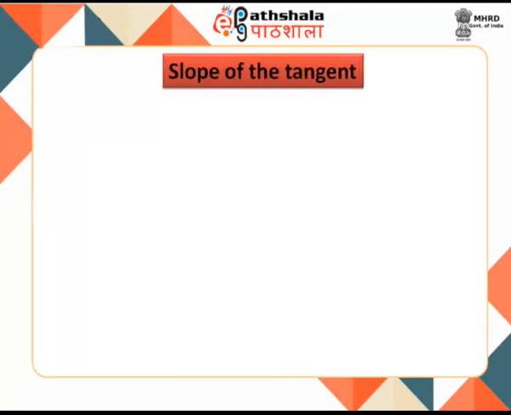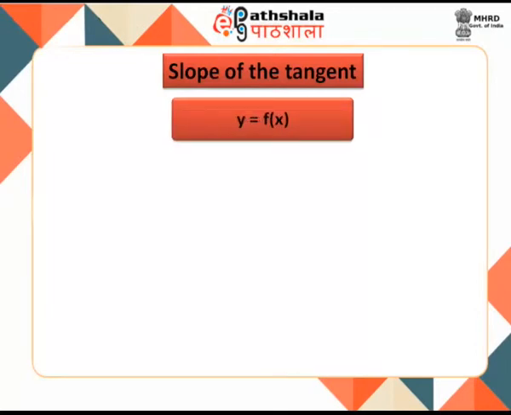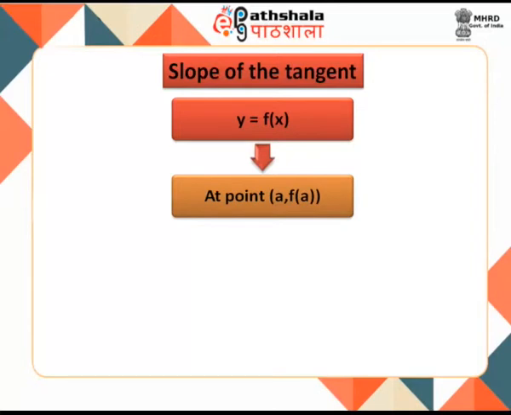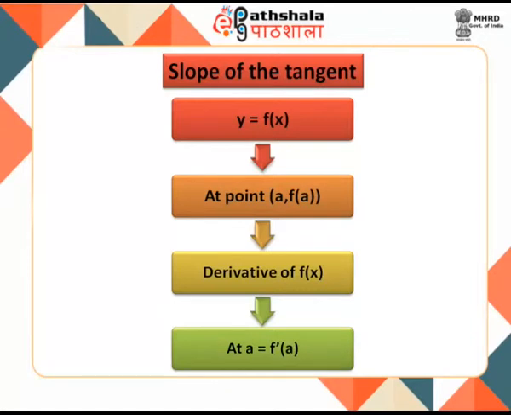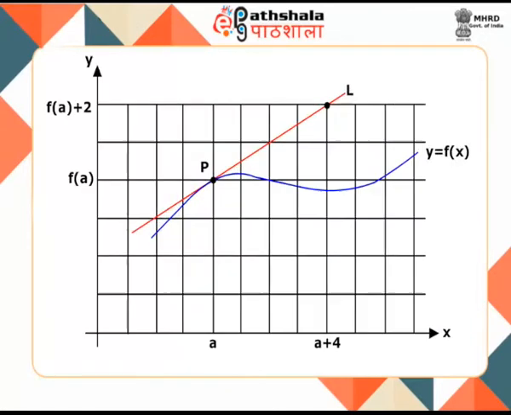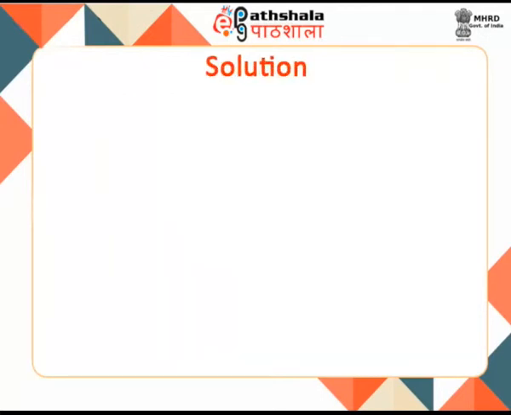Next is the slope of the tangent. The slope of the tangent to the curve y equal to f of x at the point a, f of a, is given by the derivative of f of x at a, which is equal to f dash a. We consider an example. Find the slope of the tangent in the figure at point P. Solution.